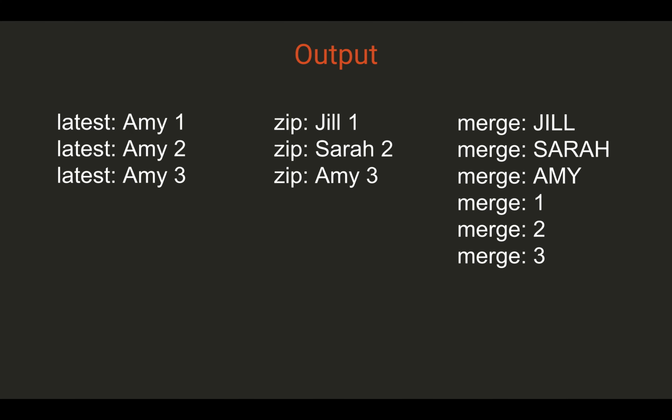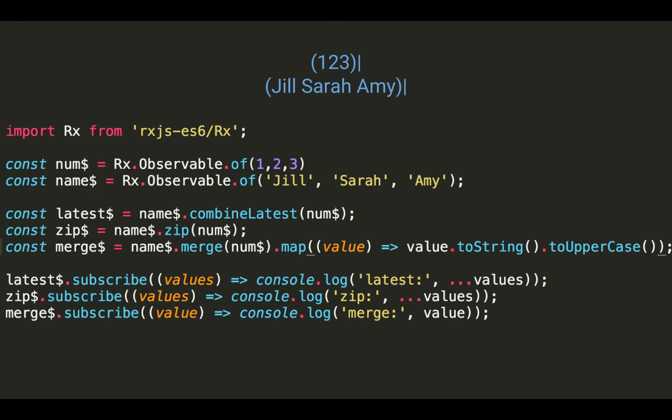So latest, we see we would get Amy 1, Amy 2, Amy 3. In other words, Amy every time, and then 1, 2, 3. So what combine latest is doing is it waits for silence on its initial stream. So if we go back and look at the names, we're starting with the stream of names. So we have 3 values available immediately: Jill, Sarah, and Amy. So it sees, I've got values, I've got Jill, but I can keep going.